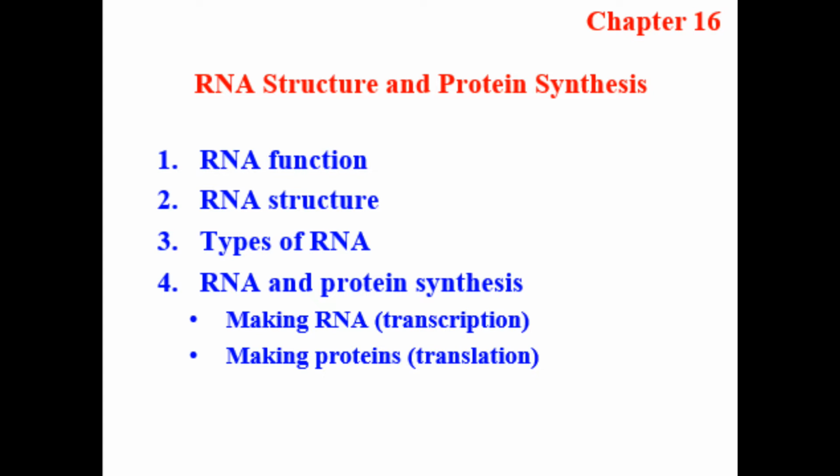But first we need to make some comparisons with RNA and DNA and have a good idea of what RNA does compared to what DNA does, and what the structure of RNA is compared to the structure of DNA. They're very similar in terms of structure, and there's a thought that original organisms, when they first evolved, didn't have DNA, but they had RNA, and RNA was capable of carrying out some of the same functions as DNA.